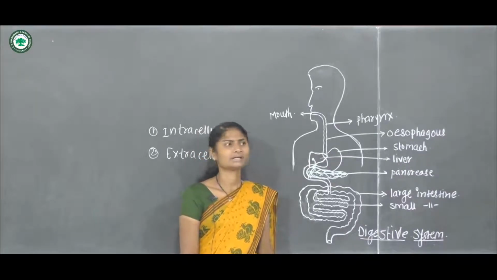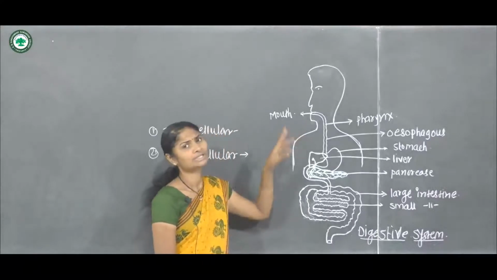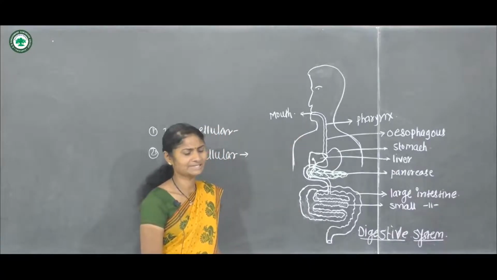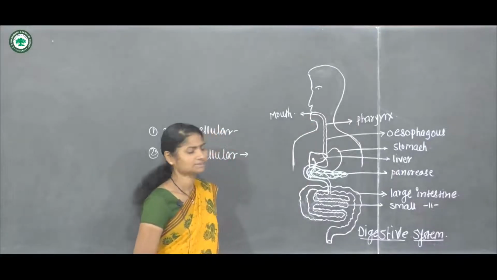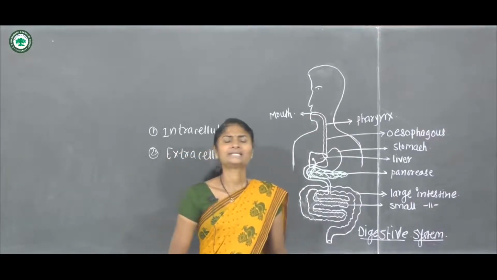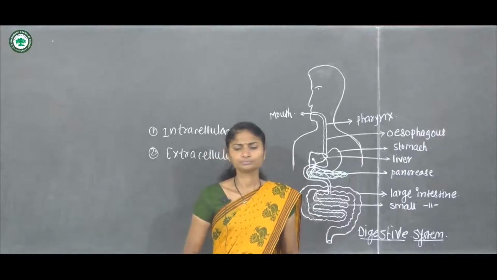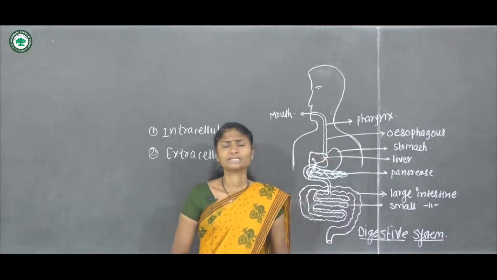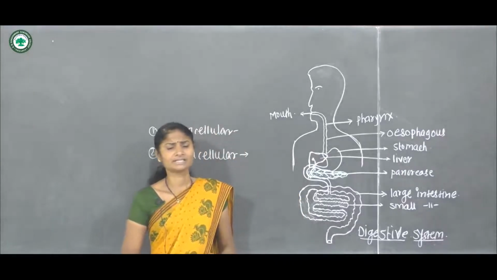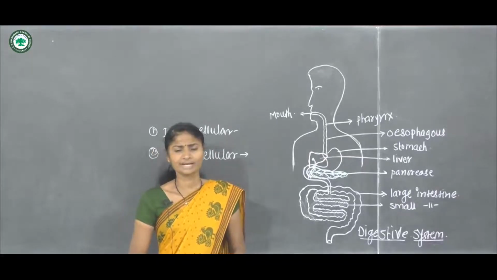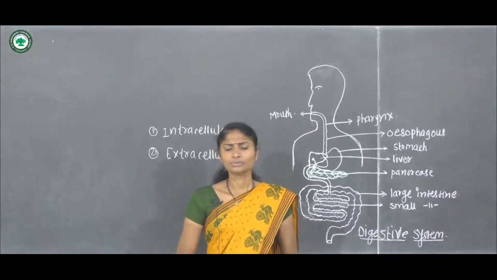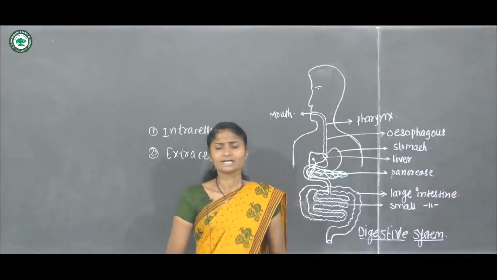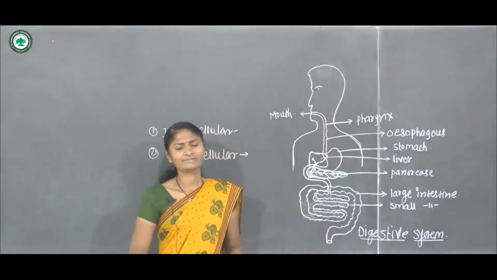The buccal cavity contains the tongue, teeth, and salivary glands, and the teeth are about 32 in number. Teeth break the food into smaller particles. During mastication, the food is mixed with saliva secreted by the salivary glands.